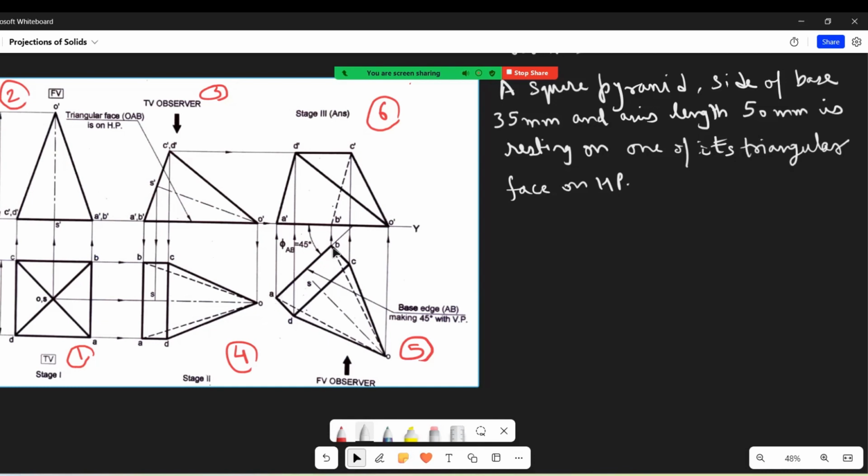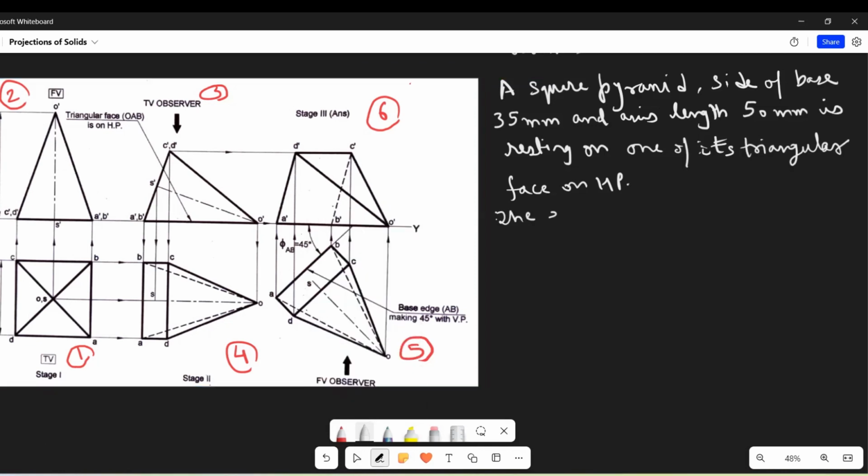Means this base edge AB, which was vertical here, is now inclined to VP at 45 degrees. Now, which is this base edge? This is the edge which is resting on the XY line.